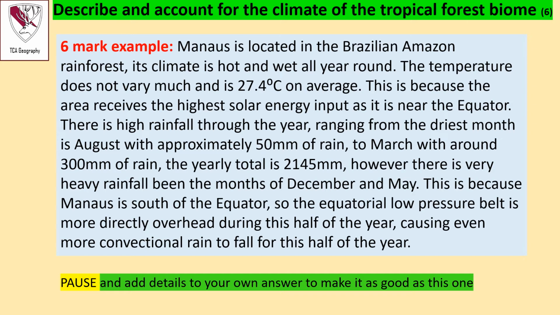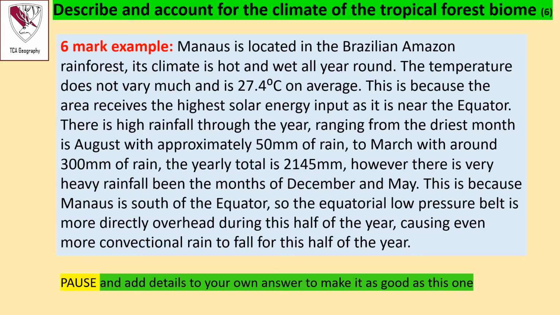This is because the area receives the highest solar energy input as it is near the equator. There is high rainfall through the year, ranging from the driest month in August, with approximately 50 millimetres of rain, to March with around 300 millimetres of rain. The yearly total is 2,145 millimetres.